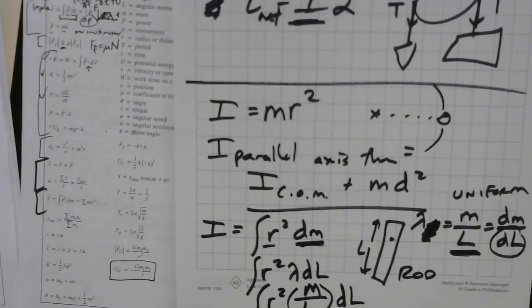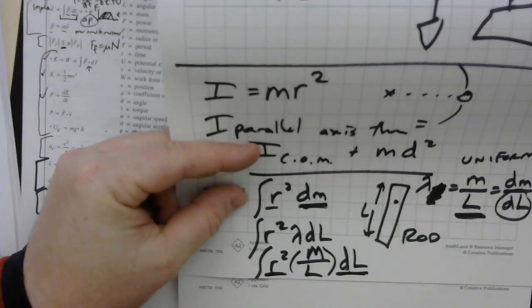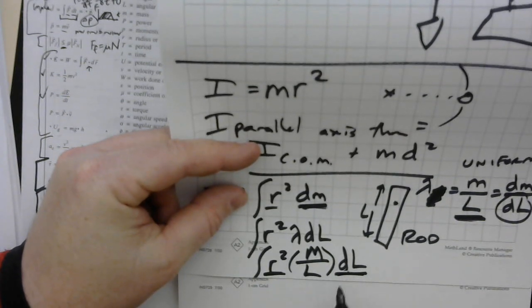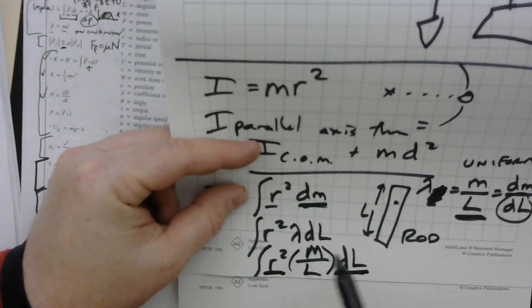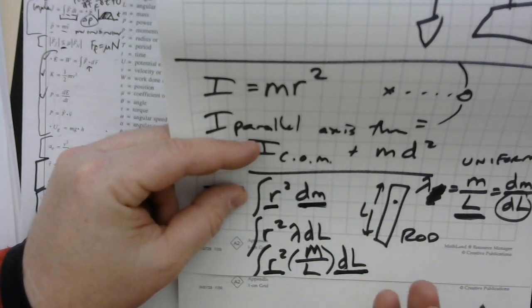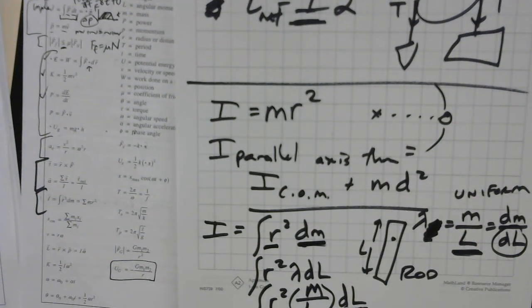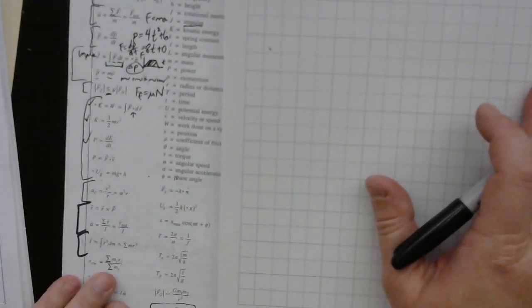Now notice, dl and r are both measurements of distance. And so these guys can talk with each other. Whenever you're taking integrals, you can't do r and dm. They're not the same variable. What you can do is when you get r squared and dl, you're off to the races.